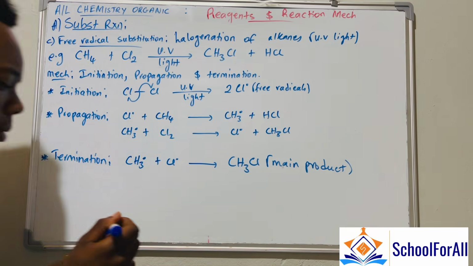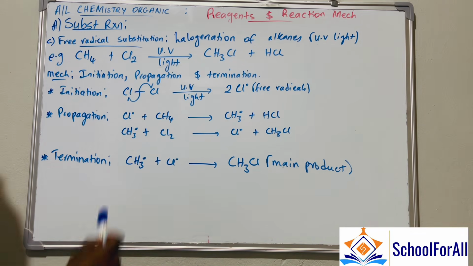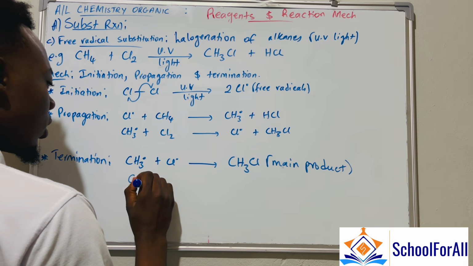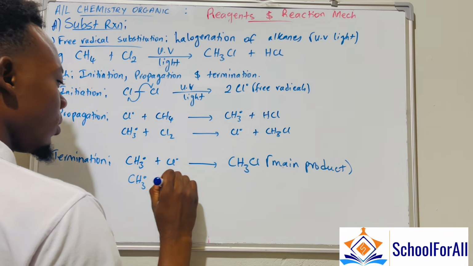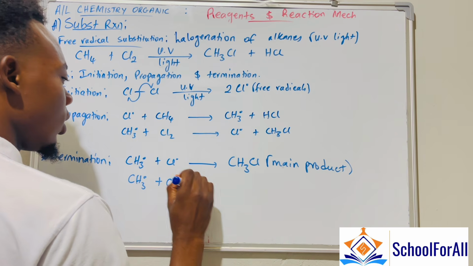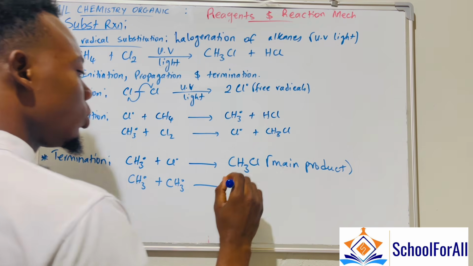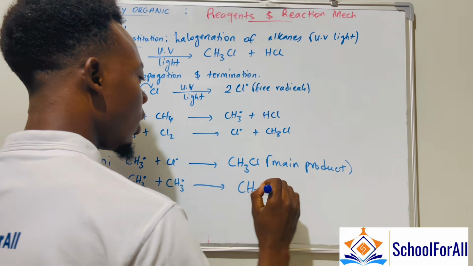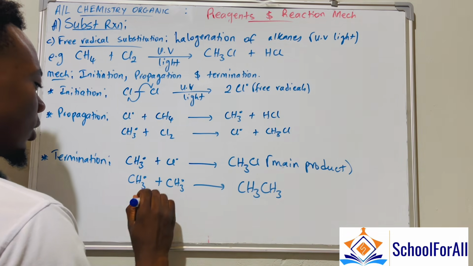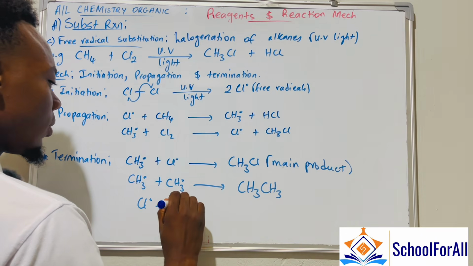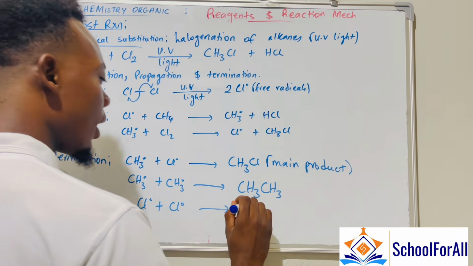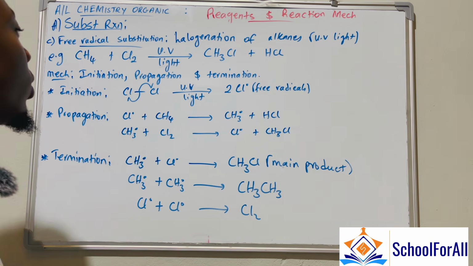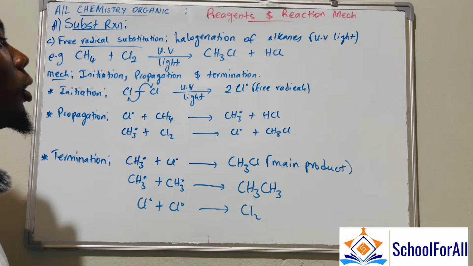Alongside it, this free radical can combine with this free radical to produce ethane, and this free radical can combine with this free radical to produce back the chlorine molecule. So that is what occurs in the free radical substitution mechanism.